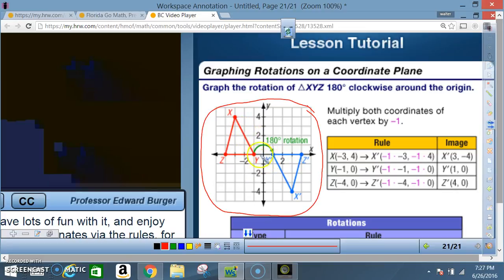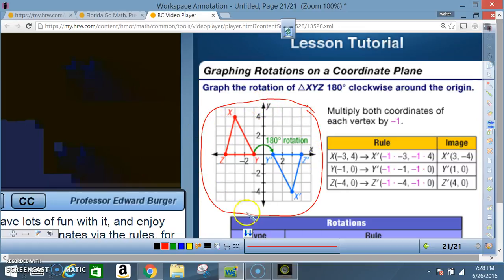All right, so if I told you 270 degrees counterclockwise, that means you're not going this way. 90 degrees, 90 plus 90 is 180. 180 plus 90 is 270. See that? That's 270 degrees counterclockwise. That would be the same as going 90 degrees clockwise.